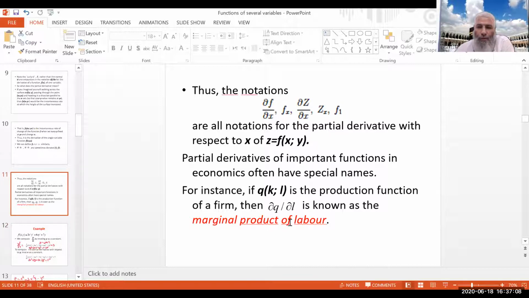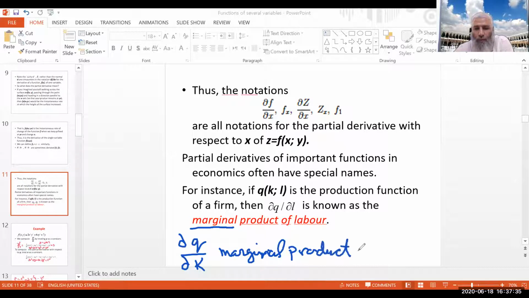So this is the marginal product of labor. And if you remember, the marginal function was the derivative function. So we can have dQ/dK, and this will be the marginal product of capital, right?